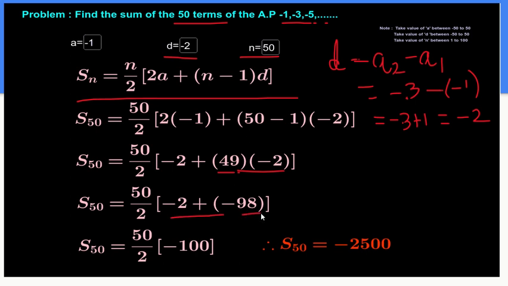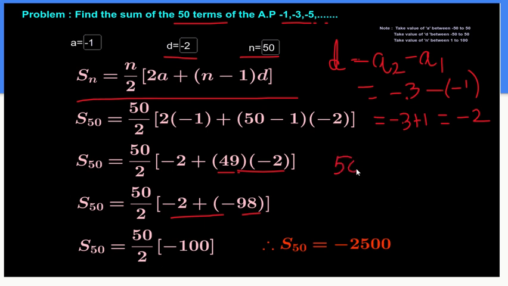So what is the answer? Minus 2 plus minus 98. Since both are the same sign, you add the numbers and put the same sign. So minus 2 minus 98 gives you minus 100. Now 50 by 2 into negative 100.